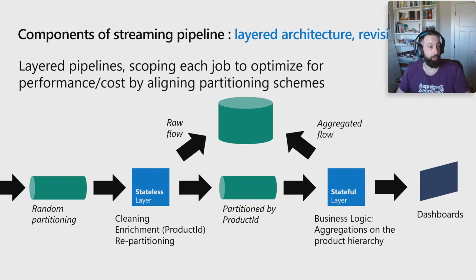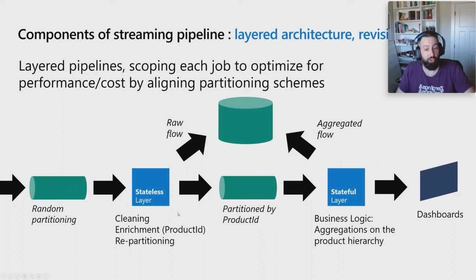But sometimes you can't, because let's say my event hub is partitioned, but it's random partitioning. It's just sending that in round robin, randomly. I cannot do the group by product and do a stateful processing, because in input, the partitioning is not respected.